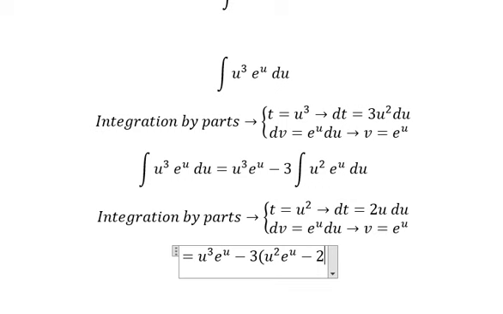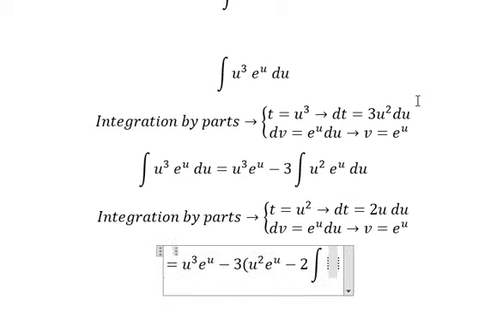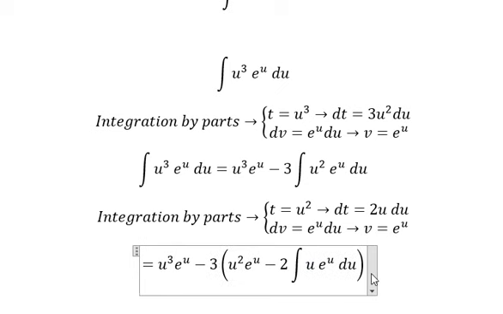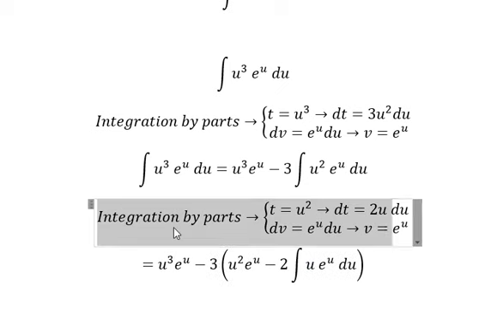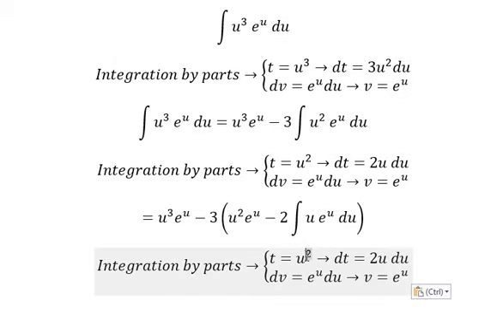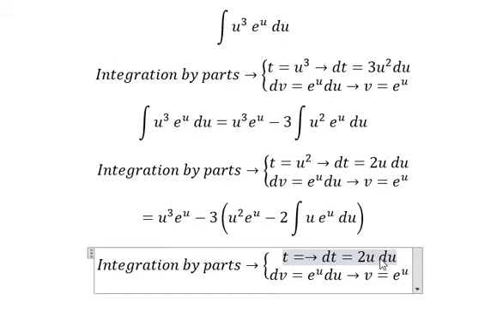So you get the integration of u e to the power of u du. Now we go to integration by parts again, and now that's u, and this is du.